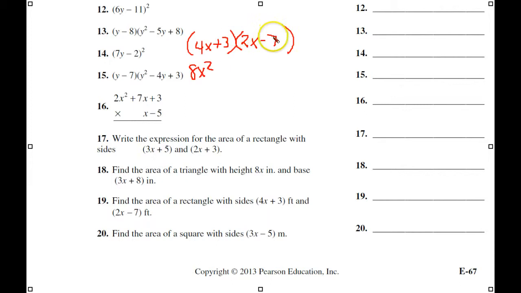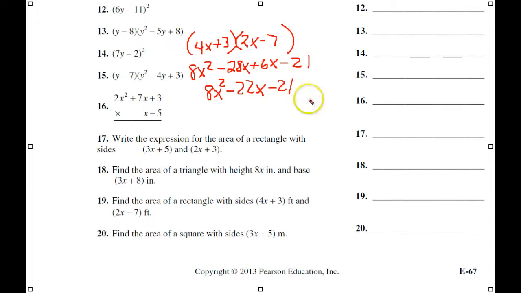Now my outers are, I'm going to have to write this one out, negative 28x. My inners are a 6x. And my last are a negative 21. And so it comes to 8x squared, negative 22x, minus 21 for number 19. And that looks good.